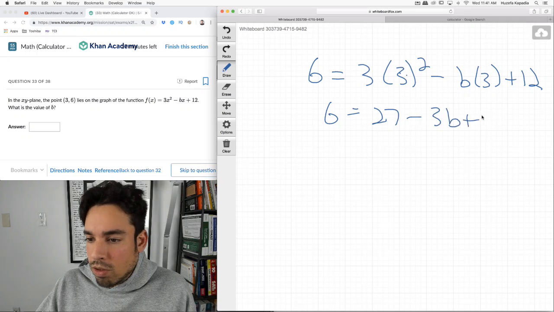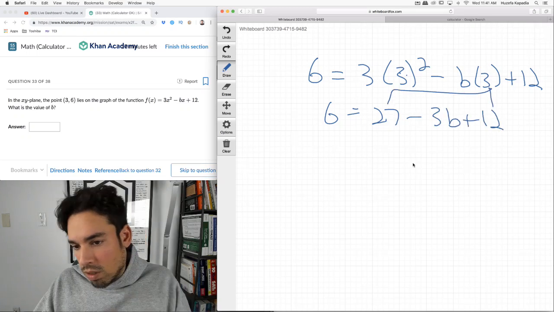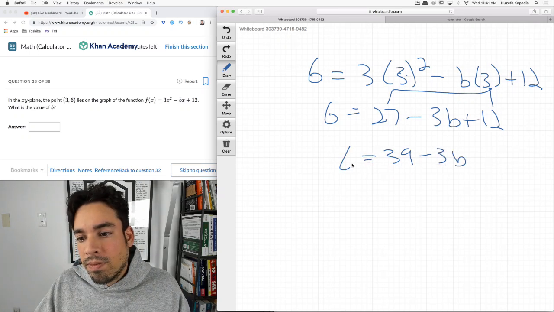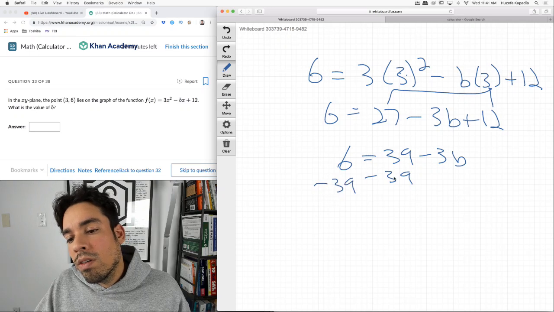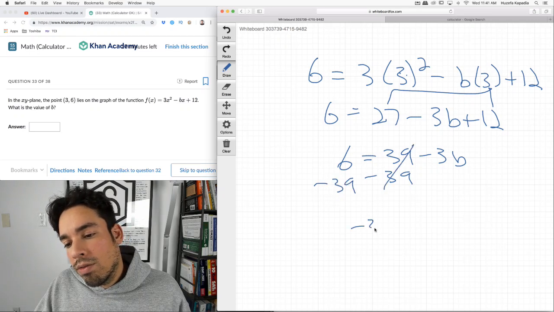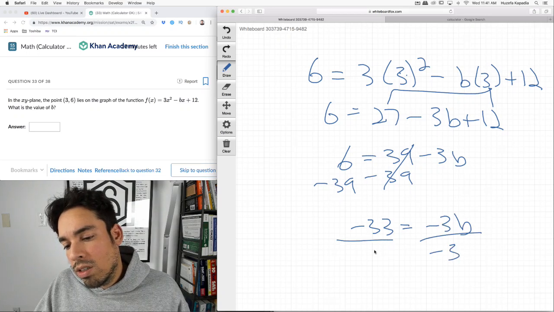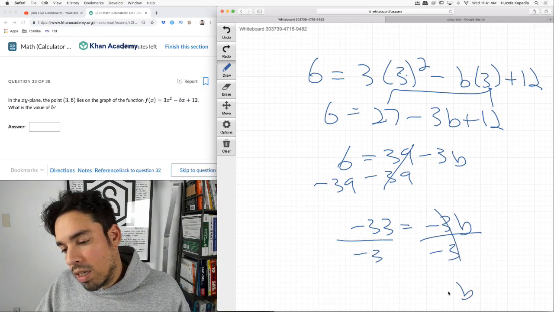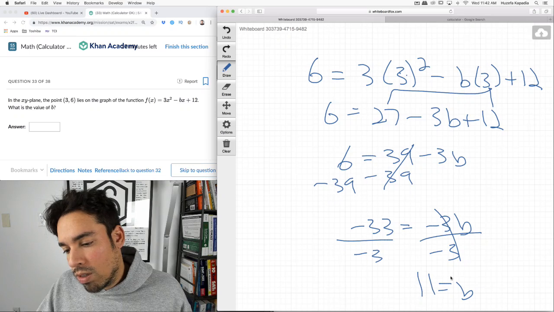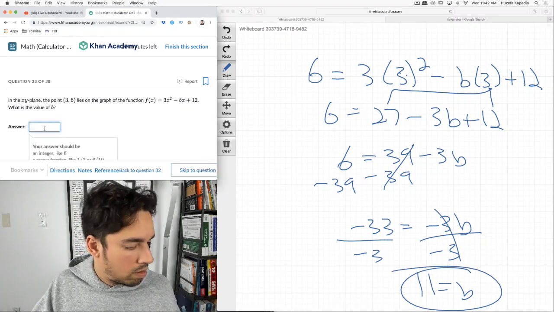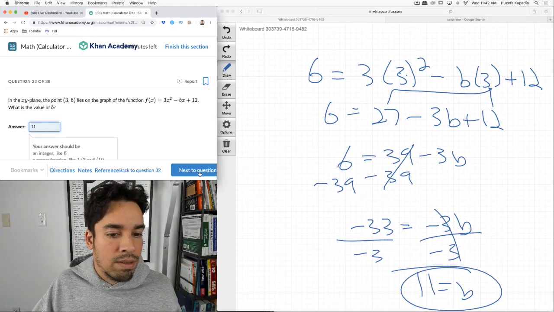It's 27 minus 3b plus 12. 27 and 12 is 39 minus 3b equals 6. That's negative 33 equals negative 3b. Good sign here because these aren't supposed to ever be negative. Negative 33 divided by negative 3 is 11. So I feel good about that. B is 11.